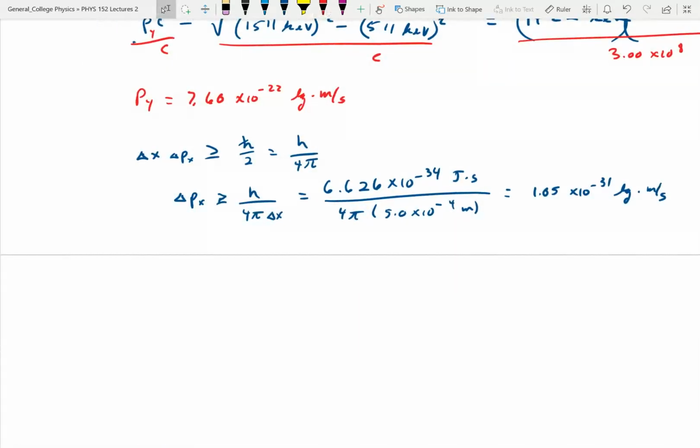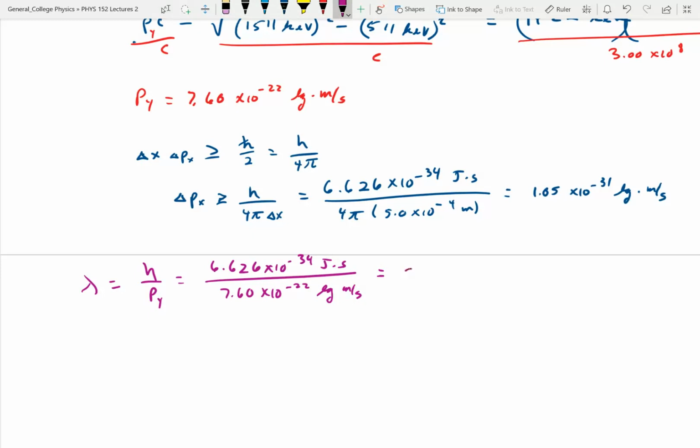So let's calculate the de Broglie wavelength. The de Broglie wavelength says that wavelength is equal to h over py. So that's 6.626 times 10 to the minus 34 joule seconds over the momentum in the y direction, which was 7.60 times 10 to the minus 22 kilogram meters per second, which gives me a de Broglie wavelength of 8.72 times 10 to the minus 13 meters.